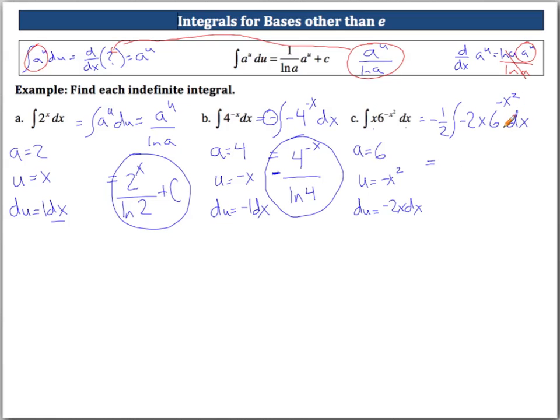So now if I used u substitution, I would have negative 1/2 times the integral of 6 to the u du. And if I integrate this, I'm going to get negative 1/2 times a to the u over the natural log of a.